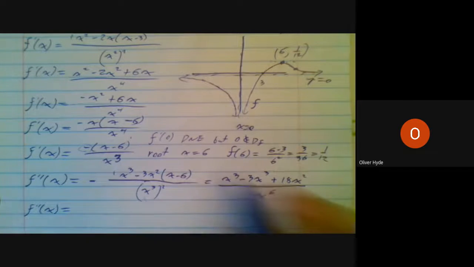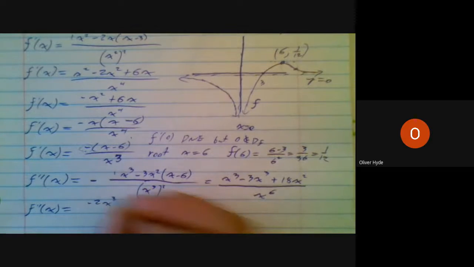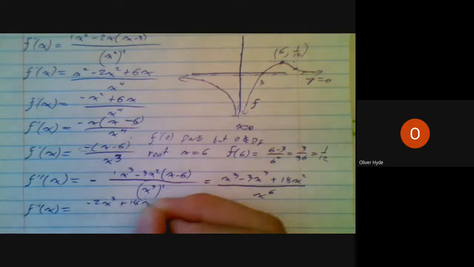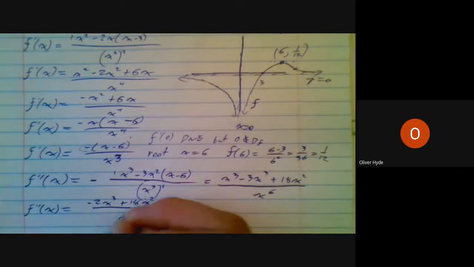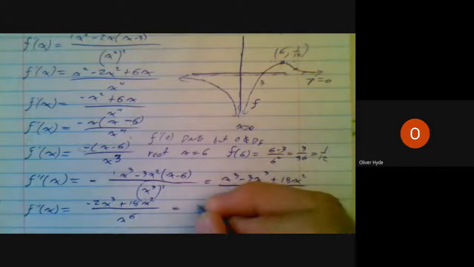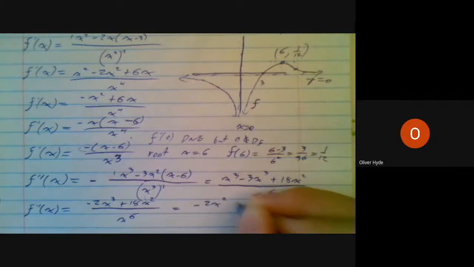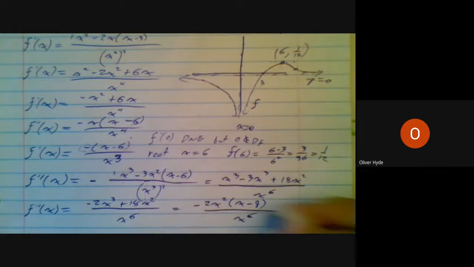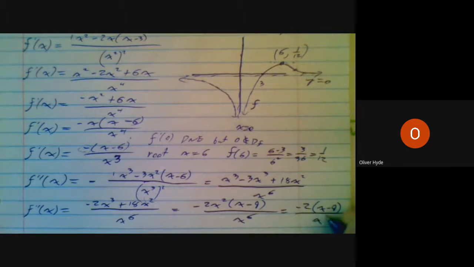Let's see, collect here to -2x cubed plus 18x squared all over x to the exponent 6. Remove a common factor of -2x squared. So that leaves me with x minus 9 all over x to the exponent 6, which will simplify to -2 times x minus 9 all over x to the exponent 4.